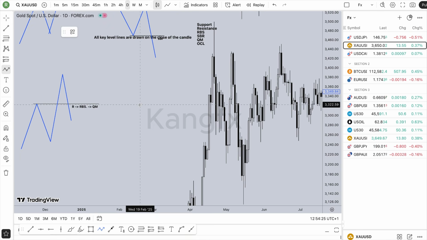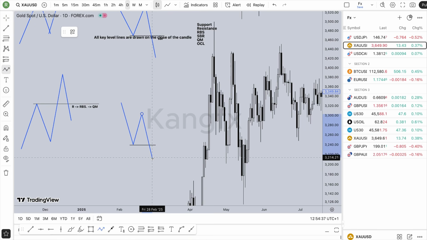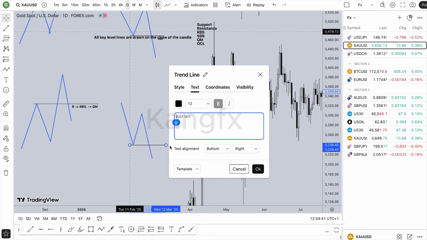The same way we want to get a bullish QM, we had a support. The support was supposed to prevent the price from going lower, but the price came and broke through it. Now this key level turned from support to SBR.